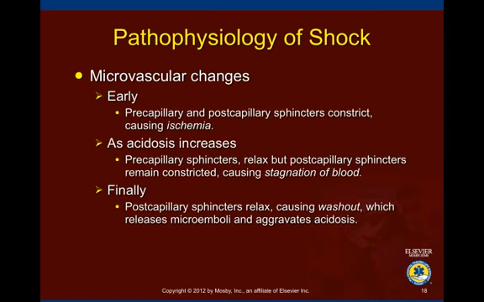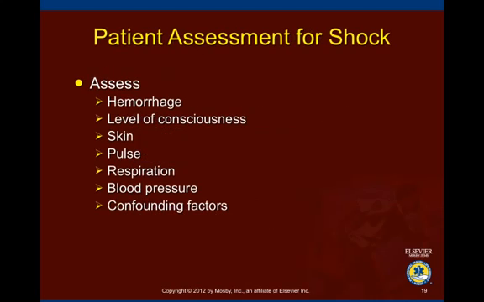So now you've got blood flowing in, but it can't flow out. Then eventually, the downstream ones, the postcapillary sphincters, relax, and now you've got all the little blood clots that had formed and all the acidotic blood returning. And so you can see how the vicious cycle just continues, and it's no wonder that shock is the killer that it is.